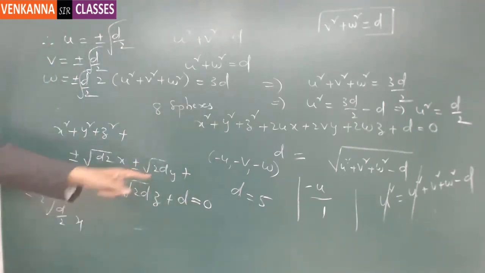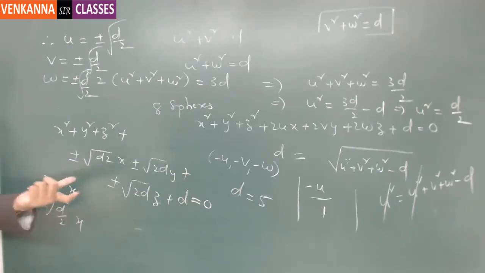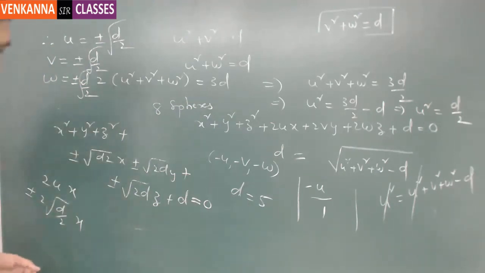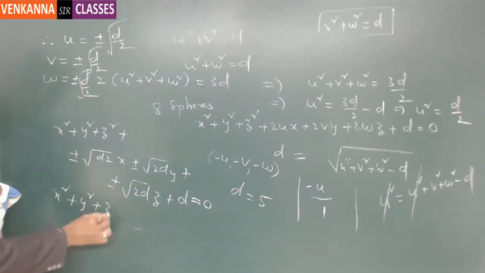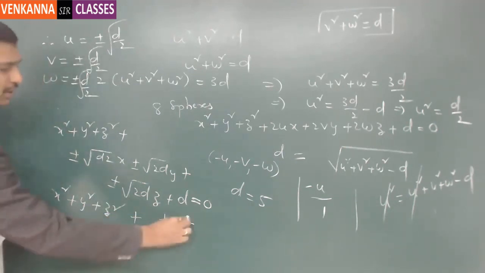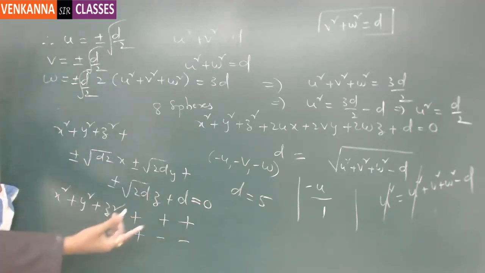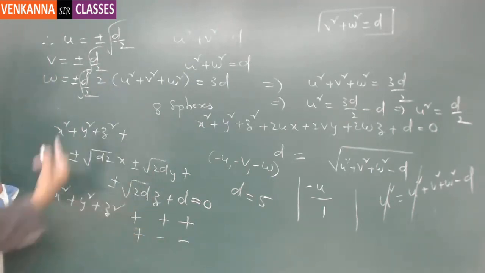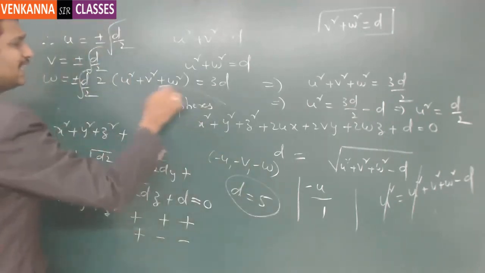So you take d is equal to 5. The value of d is fixed. Then x square plus y square plus z square is common. You take the symbols as plus plus plus, you will get one sphere. Plus minus minus, you will get another sphere. So by varying the symbols here, for a single d value, you will get 8 spheres.